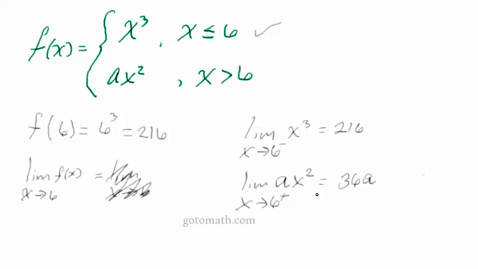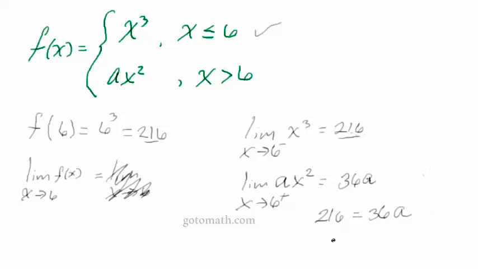Okay. Now, since this number obviously is the same as that one, we're going to set both these equal to each other. So 216 is equal to 36a, and then we're going to solve for a in this problem.